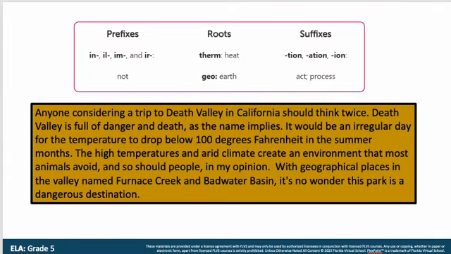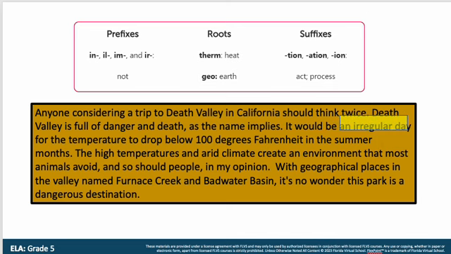So let's go ahead and kind of end before we take a look at our fluency passage and look at what we're doing today. We're going to review prefixes, suffixes, and roots and look at some of them in context. So right here, as we're getting ready to go, I want you to read the passage. As you are reading, I want you to look for some different words that are there, such as irregular.